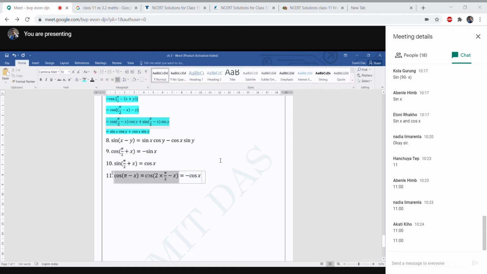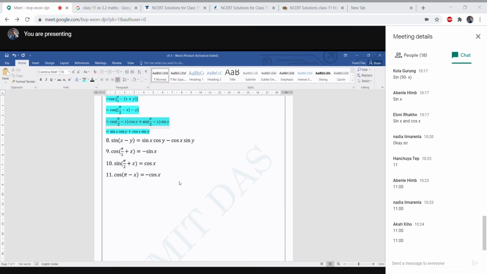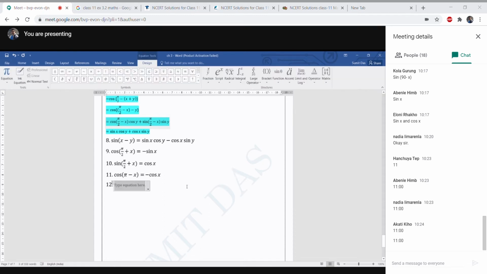Okay, it will be minus cos x. The formula is this: cos pi minus x equal to this. Similarly, sine pi minus x is equal to only sine x.